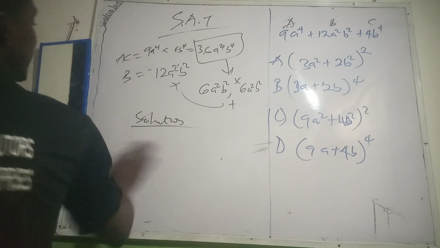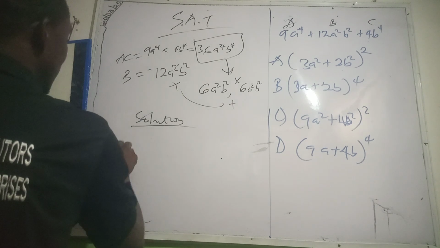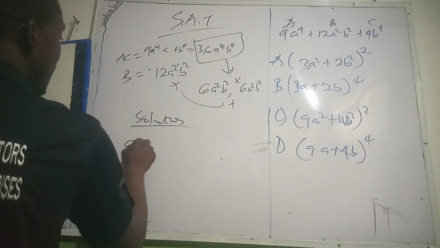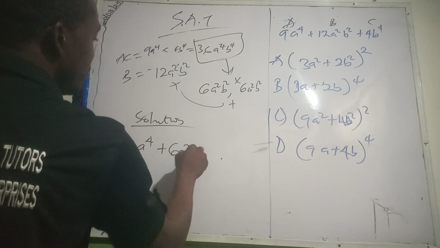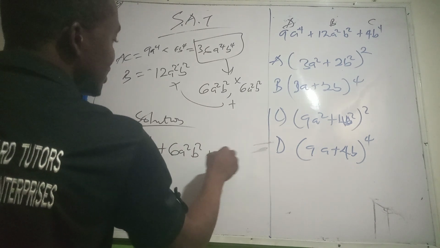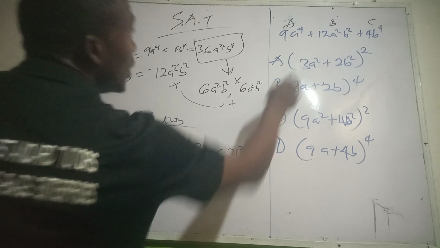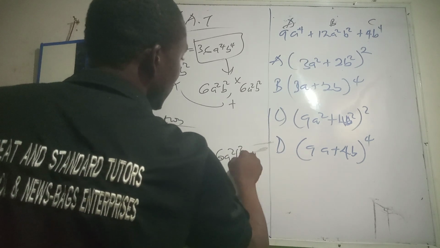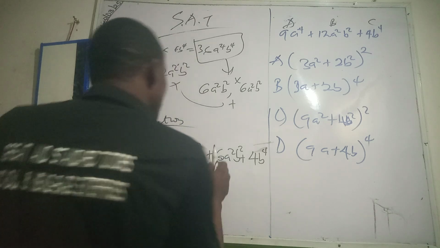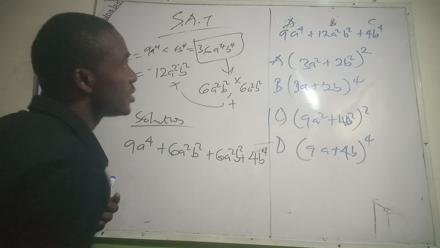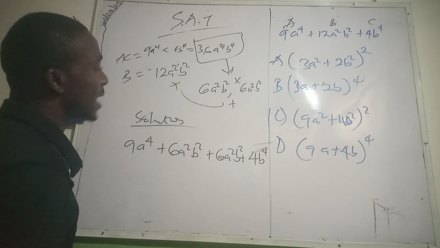So now the solution. I can write 9a raised to power 4 plus 6a squared b squared plus 6a squared b squared plus 4b4. So instead of writing 12a squared b squared, I split it like this.